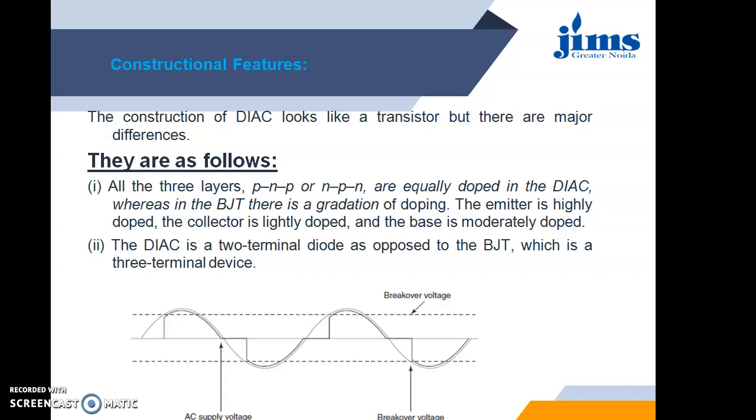The first thing is that all the three layers, PNP or NPN, are equally doped in Diac, whereas in BJT the doping ratios vary. The emitter is highly doped, the collector is lightly doped, and the base is moderately doped. Then the Diac is a two-terminal diode as opposed to the BJT, which is a three-terminal device.